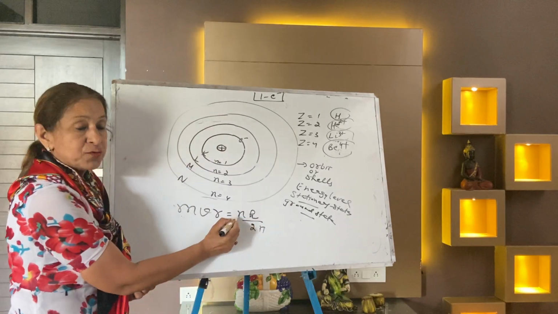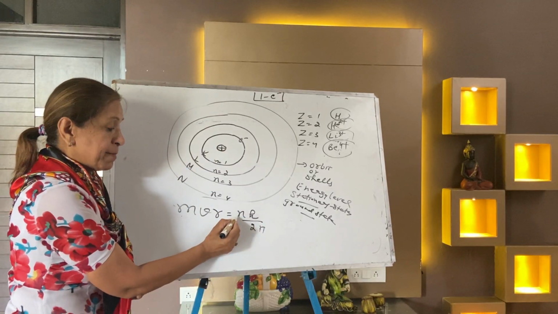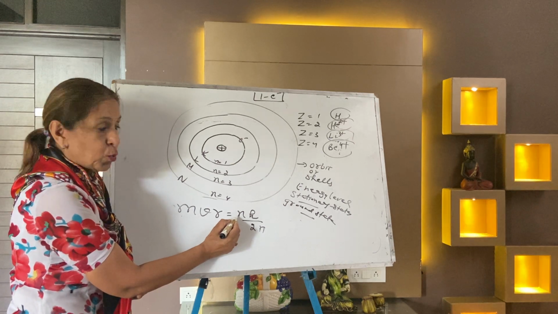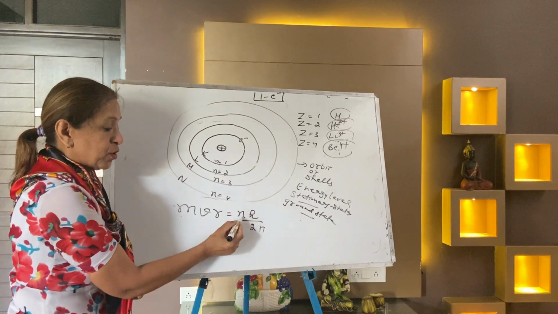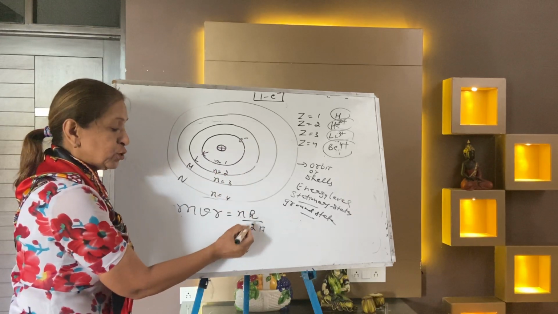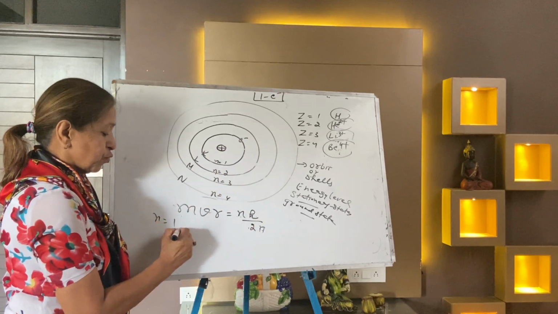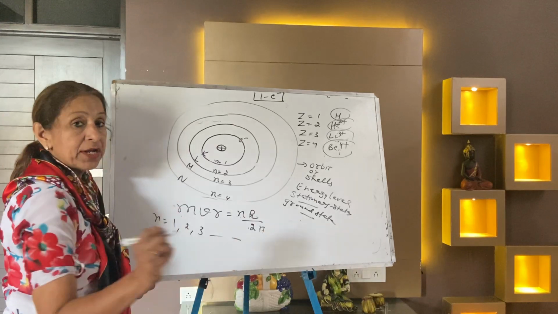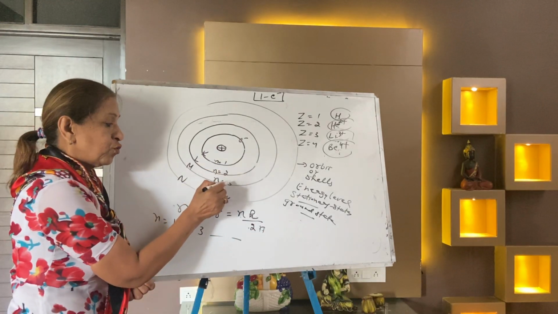What does n stand for? The angular momentum of the first orbit is h by 2 pi. For the second orbit you put 2h by 2 pi. For the third you put 3h by 2 pi. So n is equal to 1, 2, 3, not in fractions. These are 1, 2, 3, 4.